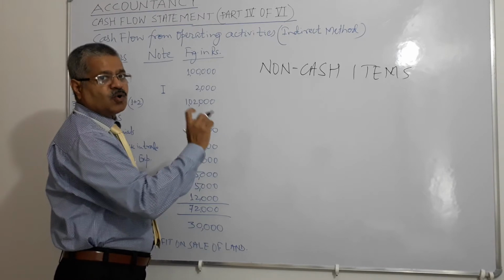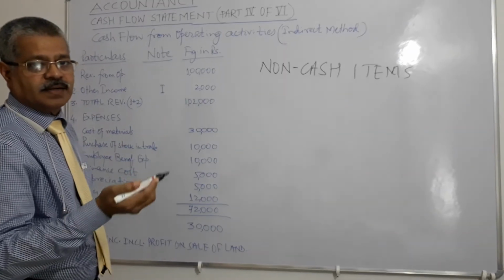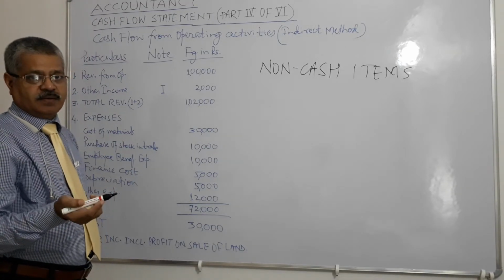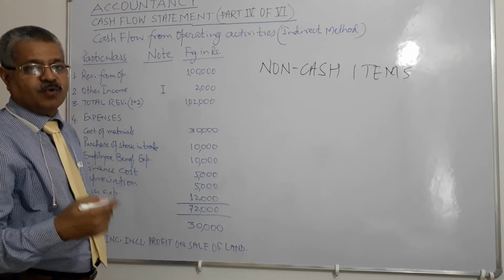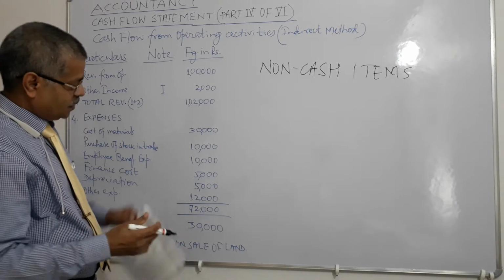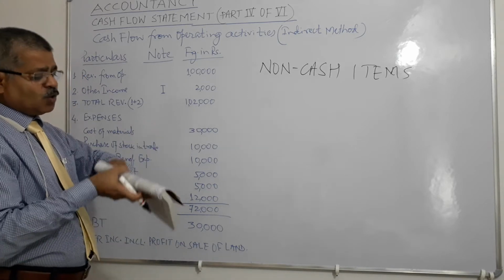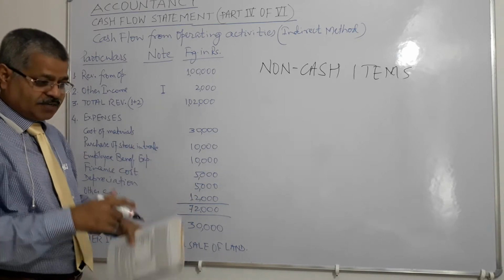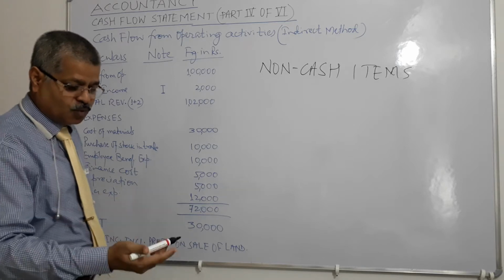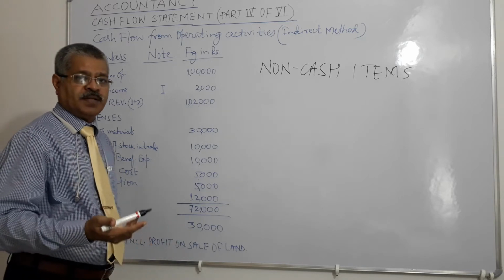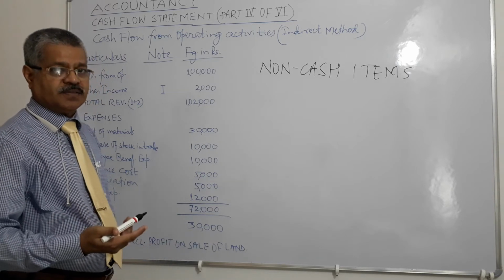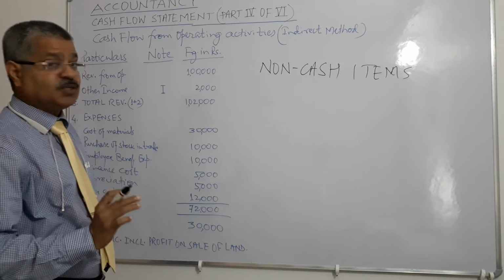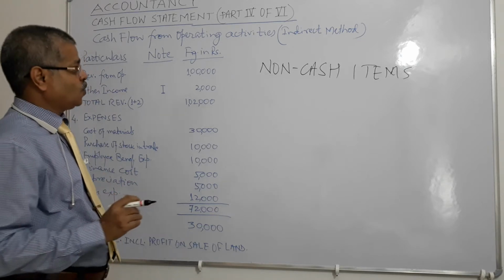Non-cash items are not considered, like depreciation, goodwill, amount of goodwill written off. Depreciation, those are non-cash items. They do not result into outflow of cash. They are accounting entries, but they don't result into any cash outflow.